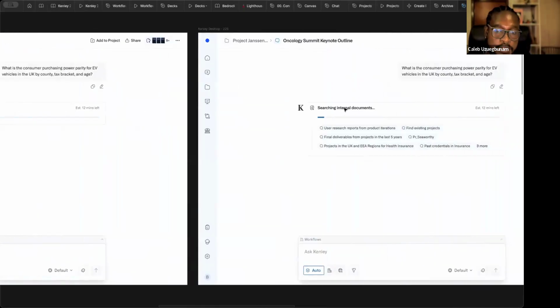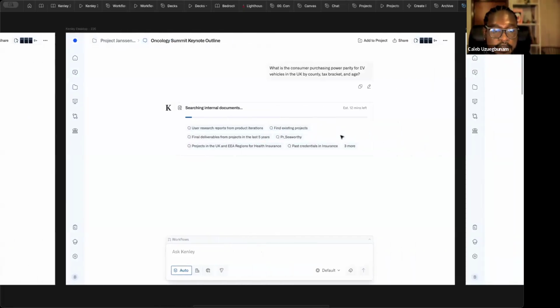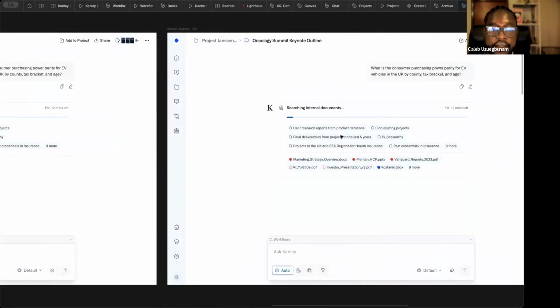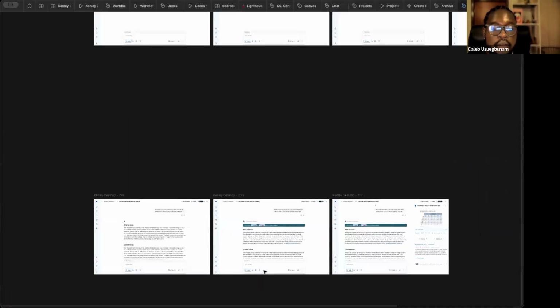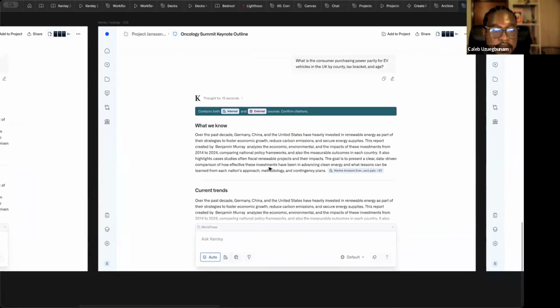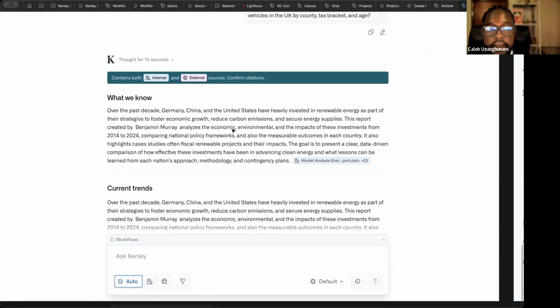And then it's telling you other actions it's currently taking, like searching internal documents, and it's showing you what documents it's searching for, what meta prompts it's created to find more relevant information. And if it's searching externally, it's also telling you that as well. And eventually it gets to a concise answer, well formatted and defensible due to the easily traceable citations here, and a banner that tells you where that information has been pulled from, if it's internal and external.